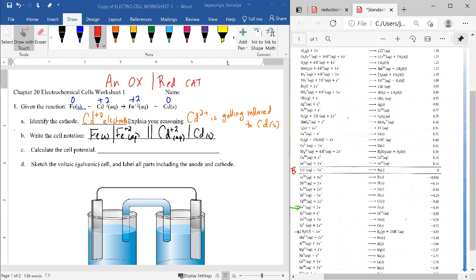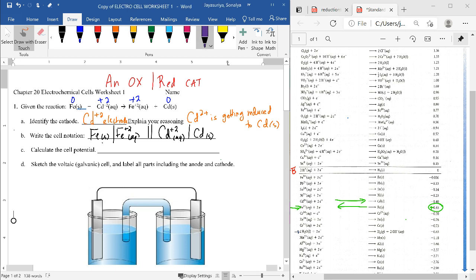So iron is becoming oxidized, which means we must reverse the reaction. When you reverse the reaction, you must flip the sign. So that's positive 0.45. And then cadmium, where's cadmium? Oh, it's right above. It's a negative 0.4. So cadmium is going this way, iron is going in the reverse direction.